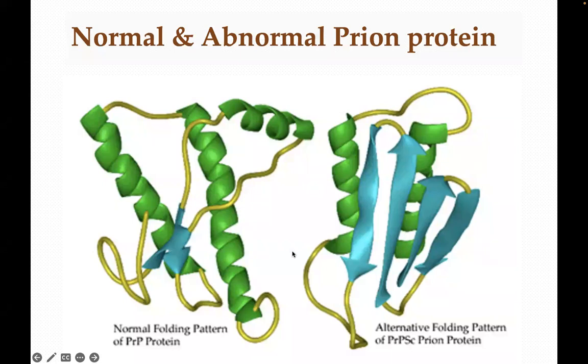When this prion protein becomes abnormal due to other mechanisms, whether it's mutation or whether an animal ingests meat or beef that is contaminated by prions, the normal protein becomes converted to the abnormal one.